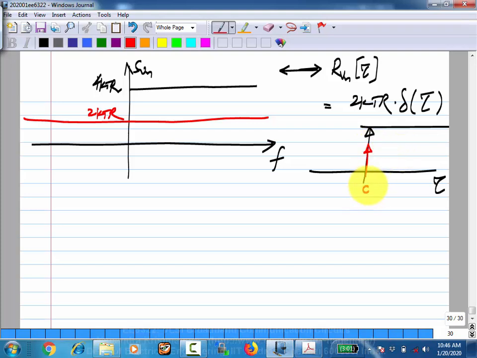Now, I already told you that this 2 kTr being constant for all frequencies is only an approximation. In reality, it does go down at very high frequencies. But assuming this model to be true, this says that noise is correlated only with noise at that same time instant.